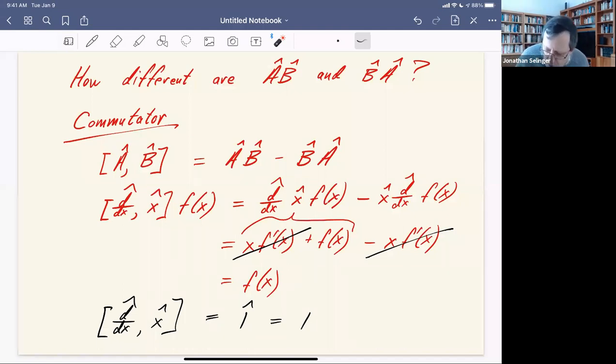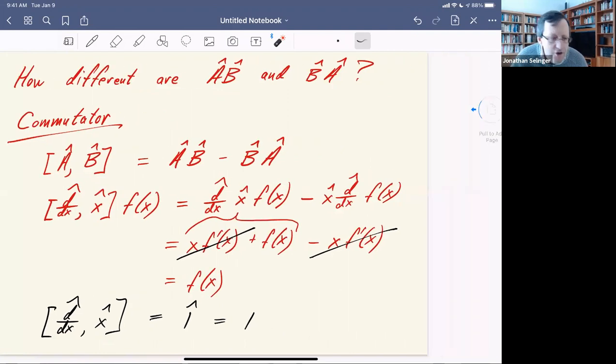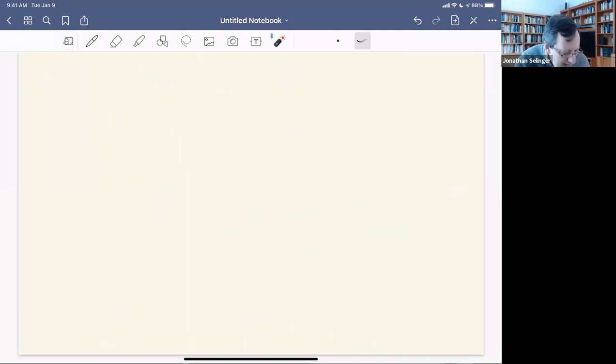All right, so now we get something with the commutator of these two operators, d by dx and x. One thing we can do with that to apply it to quantum mechanics is to say, well, this d by dx operator is kind of related to momentum. We already know that the momentum operator is negative i h bar times d by dx.